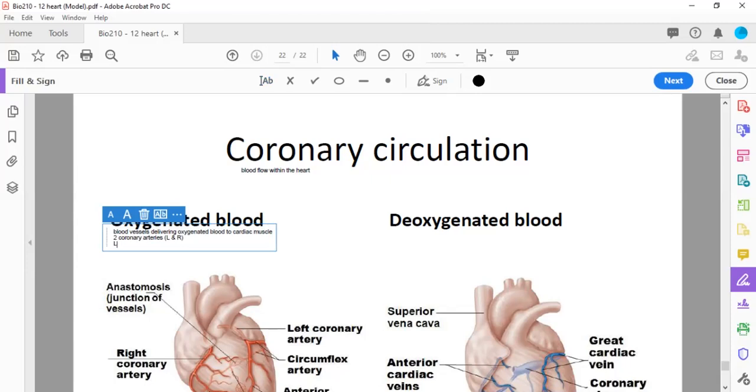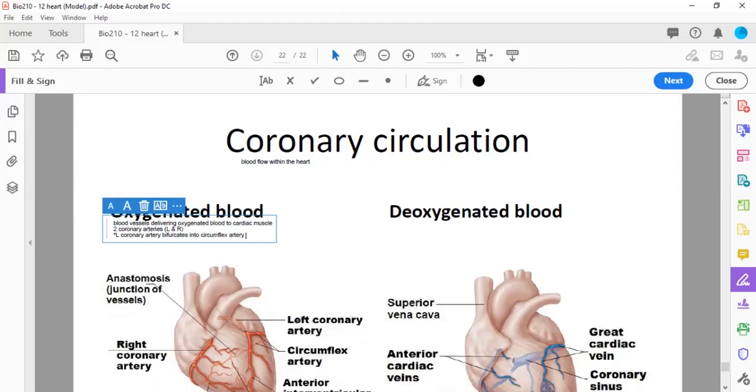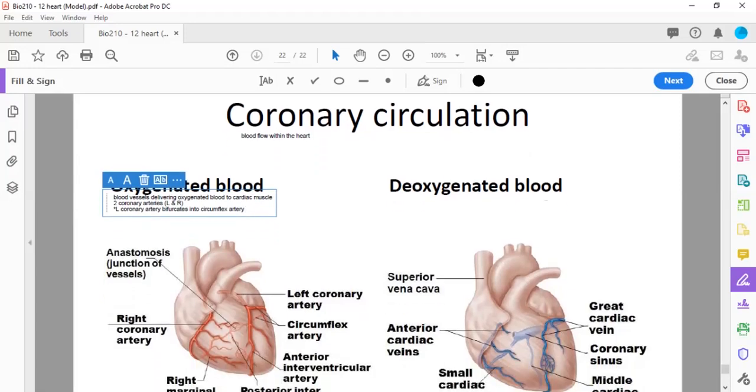The left coronary artery bifurcates into the circumflex artery and the anterior interventricular artery.